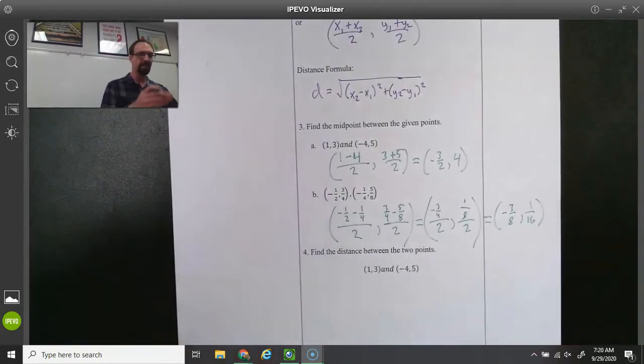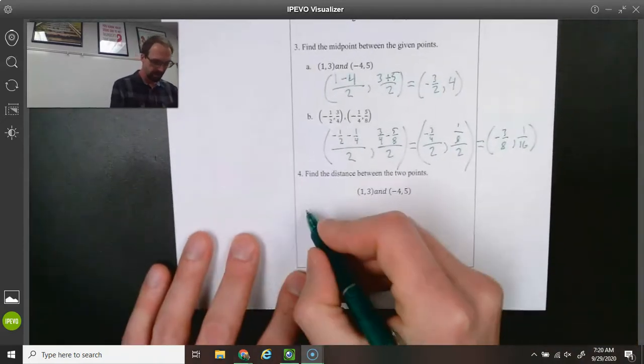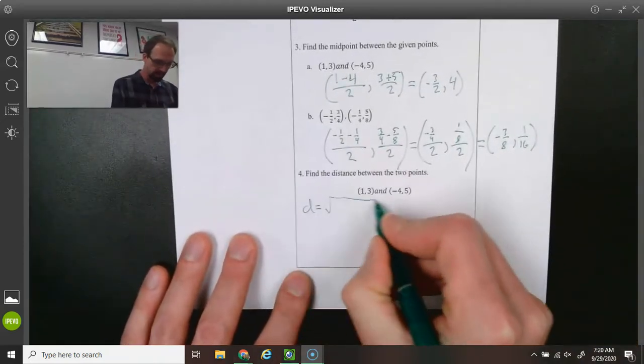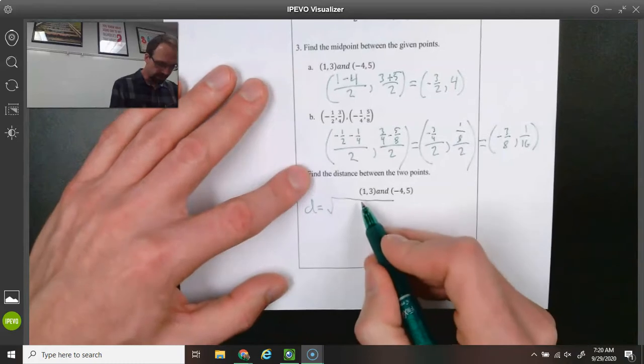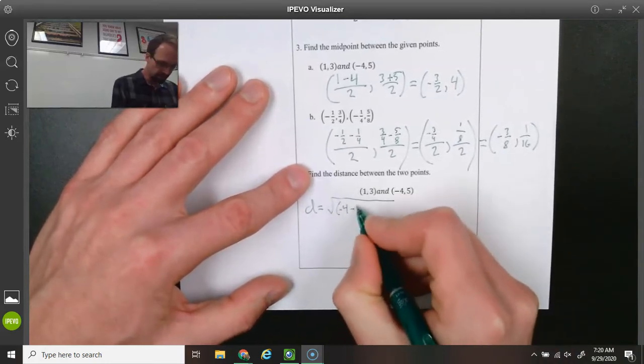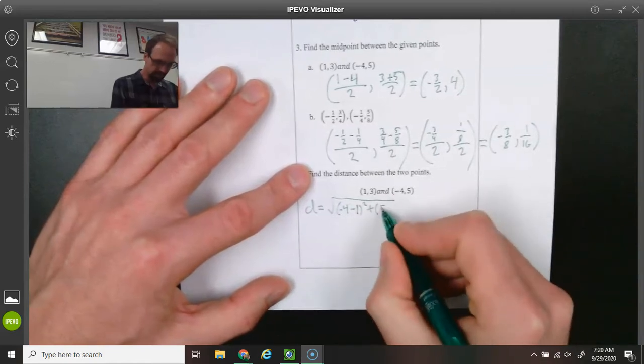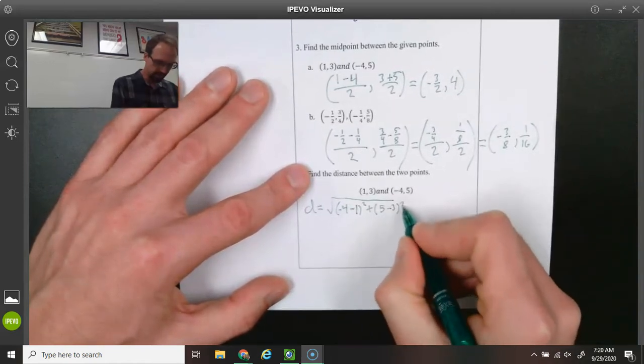Then number 4, find the distance between these 2 points. If I plug this into the distance formula from above, I get d equals the square root of x2 minus x1, so negative 4 minus 1 squared, plus 5 minus 3 squared.